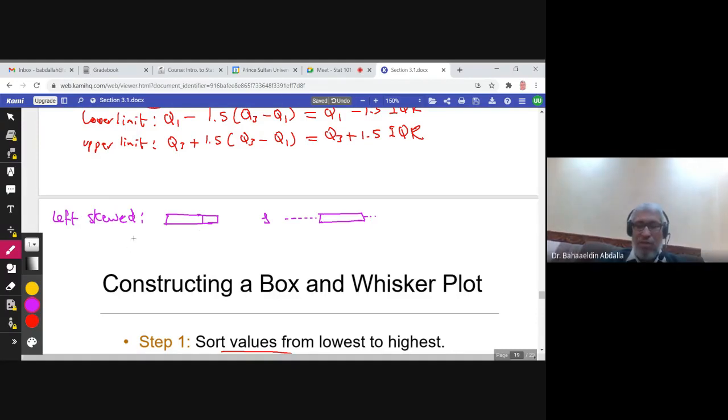If these two happen, we say that it's left skewed. If one of them happens and the other does not, we deal with this one. This is the most important one.